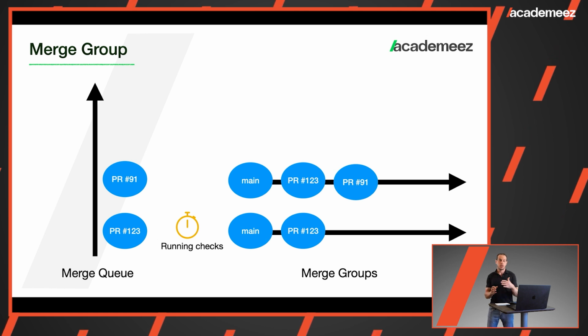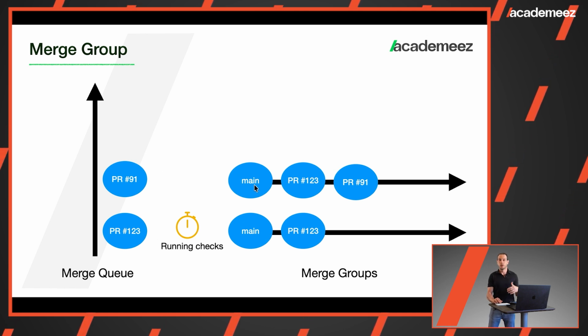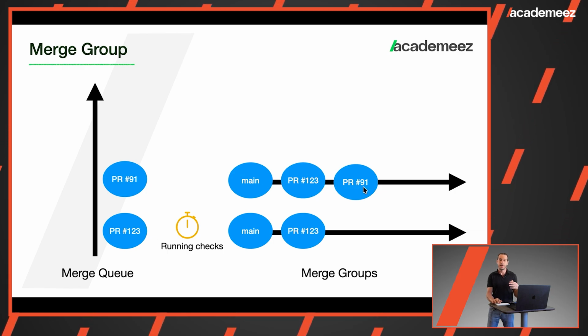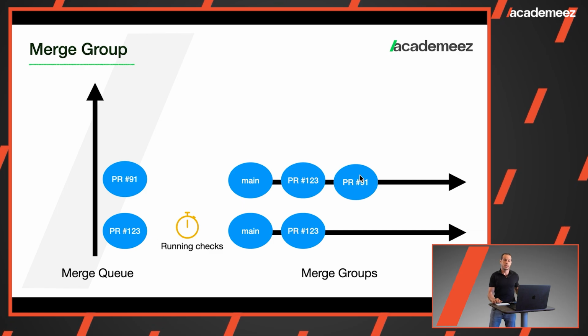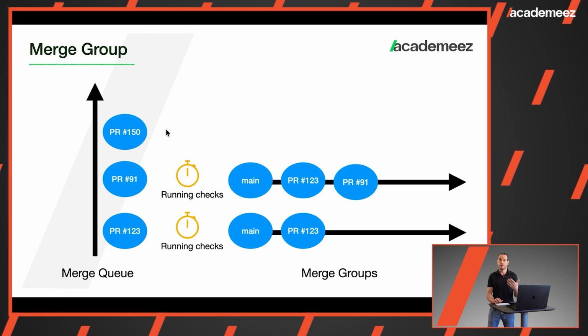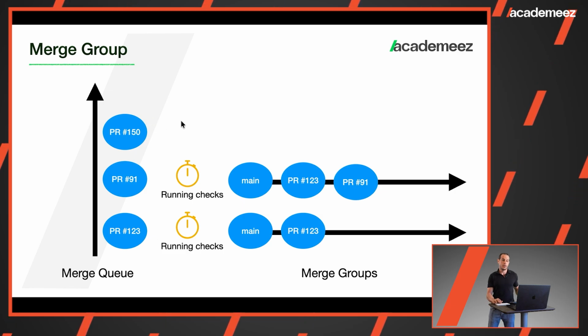So a merge group branch is created for PR 91, containing the latest main, the PR that is ahead of 91, which is 123, and then 91, and then running the checks against this branch. Now another PR enters the merge queue. Since our build concurrency is set to 5, it can run the checks in parallel for this pull request as well.